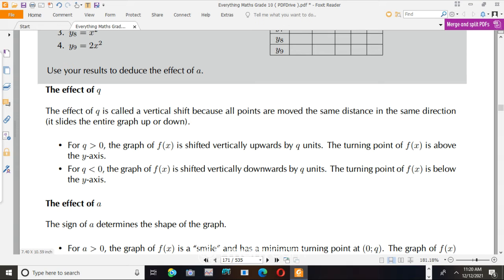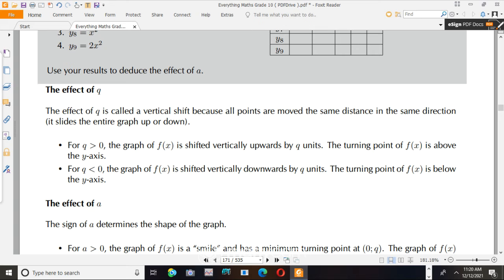But what is the general effect of q, the vertical shift, and what is the effect of a? The effect of q is called a vertical shift because all the points are moved the same distance in the same direction. It slides the entire graph up or down. So the effect of q is moving the graph up or down.